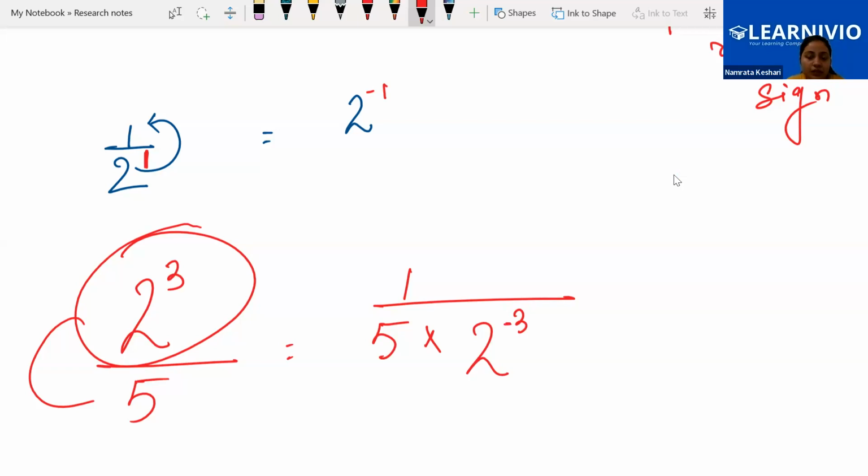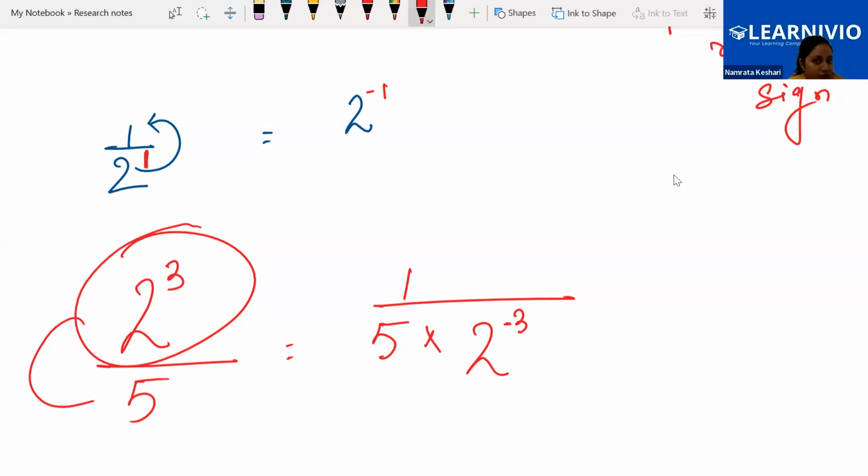Now, in mathematics, we don't leave our answer with a negative exponent. Whenever we get a negative exponent, it's our responsibility to represent it as a positive exponent. And we have understood how to reverse the sign of the exponent.